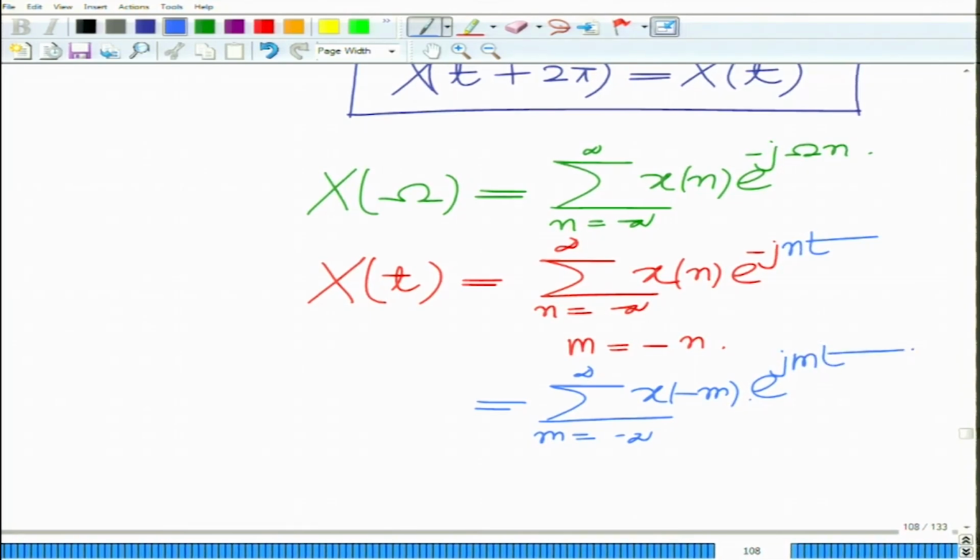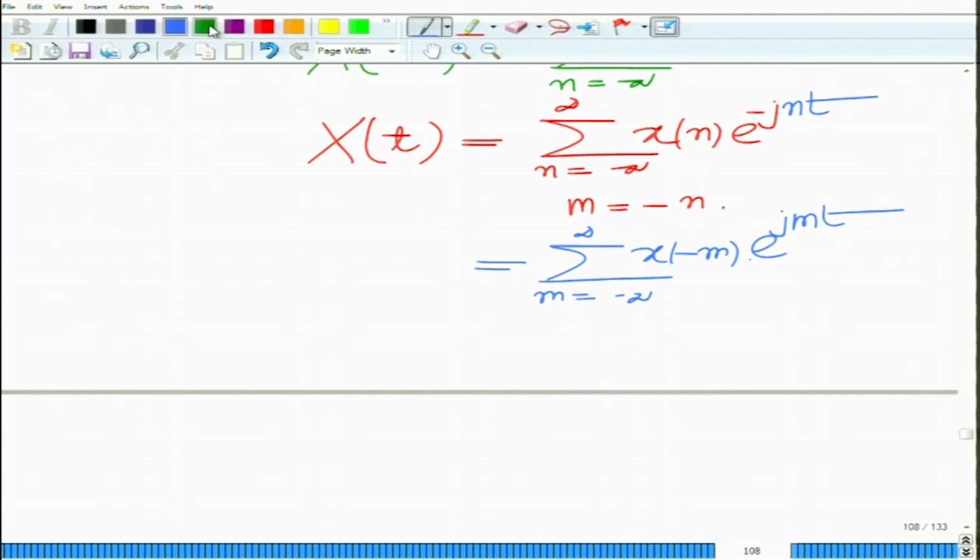Okay. And now you can see here we have the fundamental frequency omega naught. So, we have the time period t naught equals 2 pi, the fundamental time period, which means the fundamental frequency omega naught equals 2 pi by t naught, this is equal to 1.